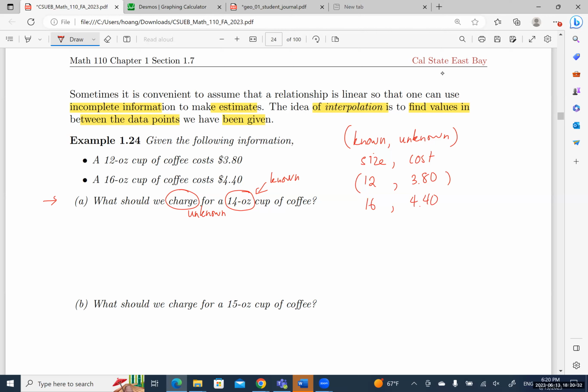All right. So we want to know, is there any way we can find, for the case of 14 ounces, what the cost may be?